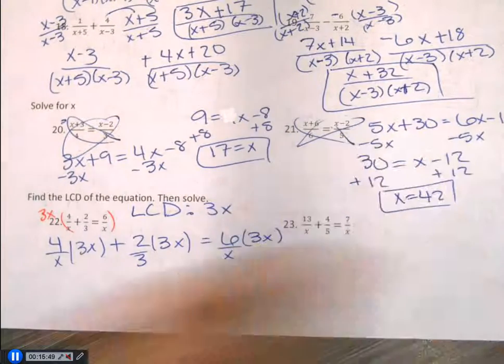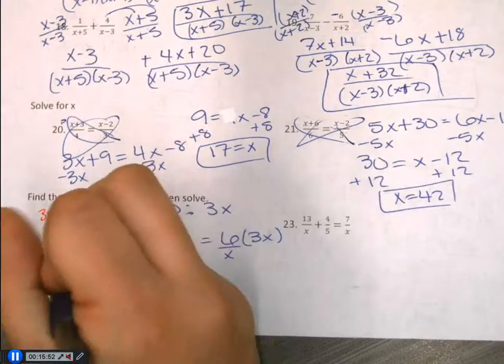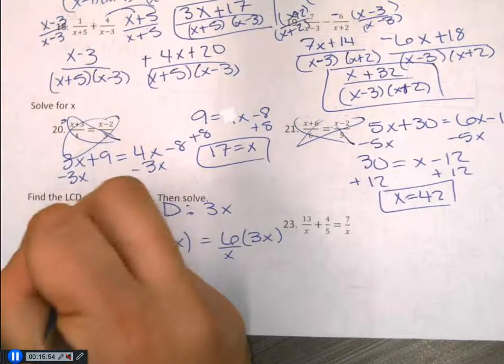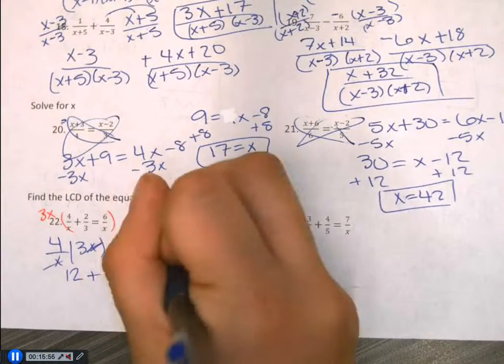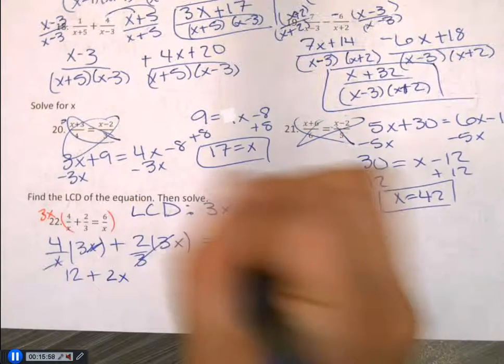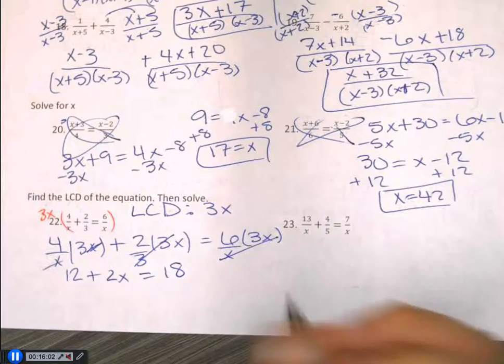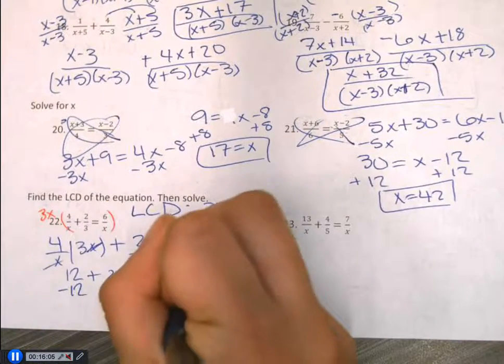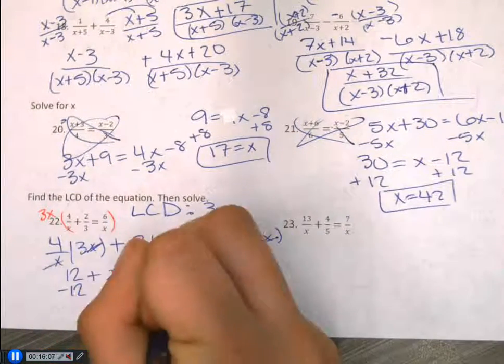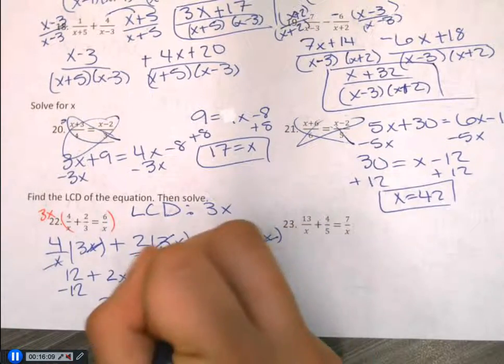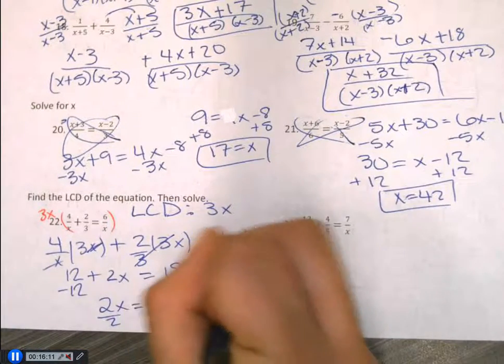And then I just simplify. So on this one, the x's cancel out. I have 12. Over here, the 3's cancel out, and I get 2x. Over here, the x's cancel out, and I get 18. Then I want to solve for x. So I subtract 12 on both sides. I get 2x equals 6. Divide by 2. X equals 3.